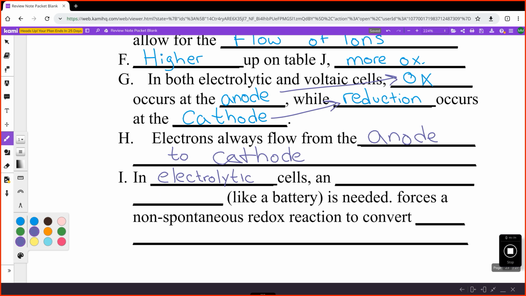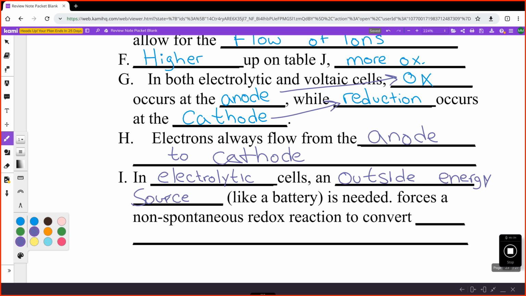But in order for you to have an electrolytic cell, you have to have an outside energy source. Typically, I mean a battery. I could also mean a plug. There needs to be some form of energy input into an electrolytic cell in order for it to operate.